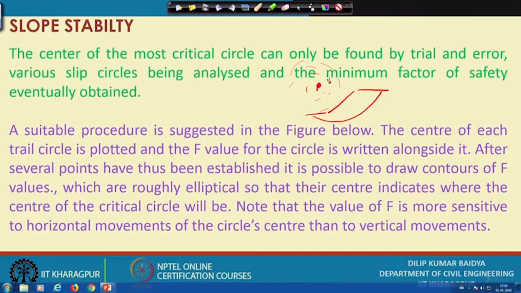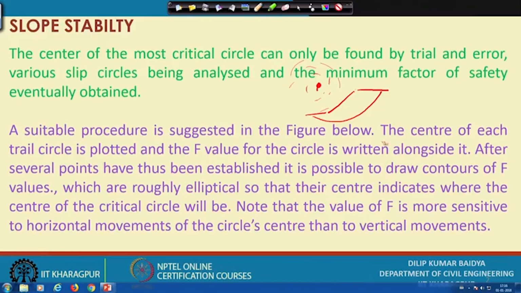If it is done correctly, we will find a particular pattern: an elliptical shape of those contours, and the center of this ellipse will be the center of the critical slip surface. That is the thing we have to assume, and based on that we do the analysis.